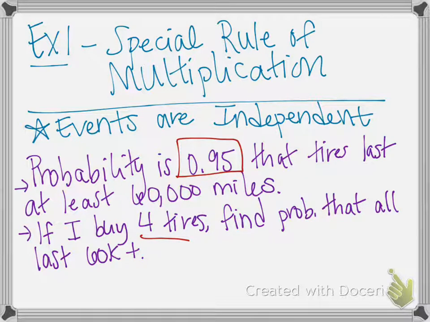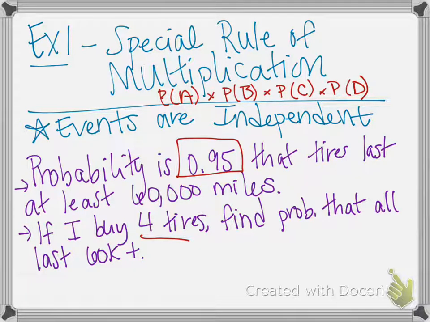And in this special rule of multiplication, you simply take the probability that A happens, and we multiply that times the probability that B happens, and times the probability that C, and so on and so forth for however many events we have. And for this one, the probability for all the tires is the same at 0.95.